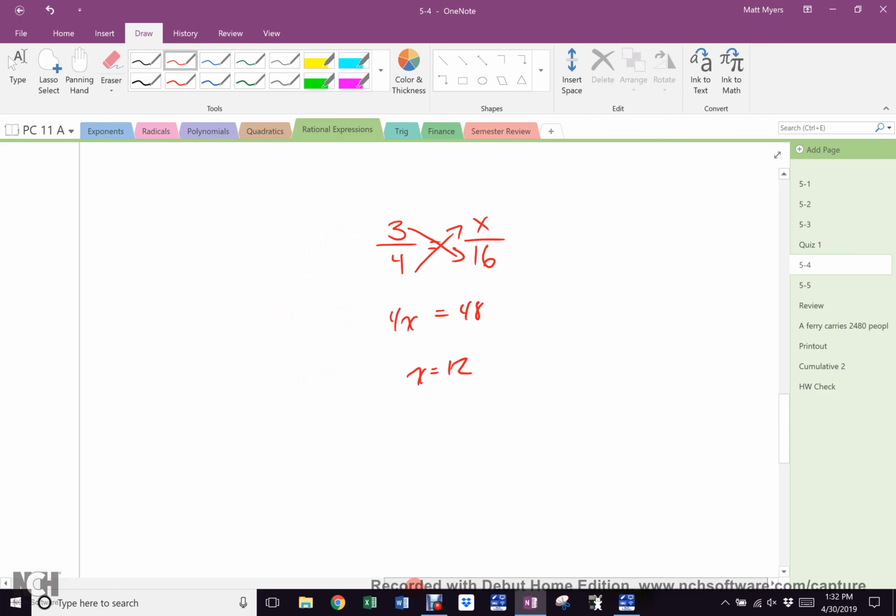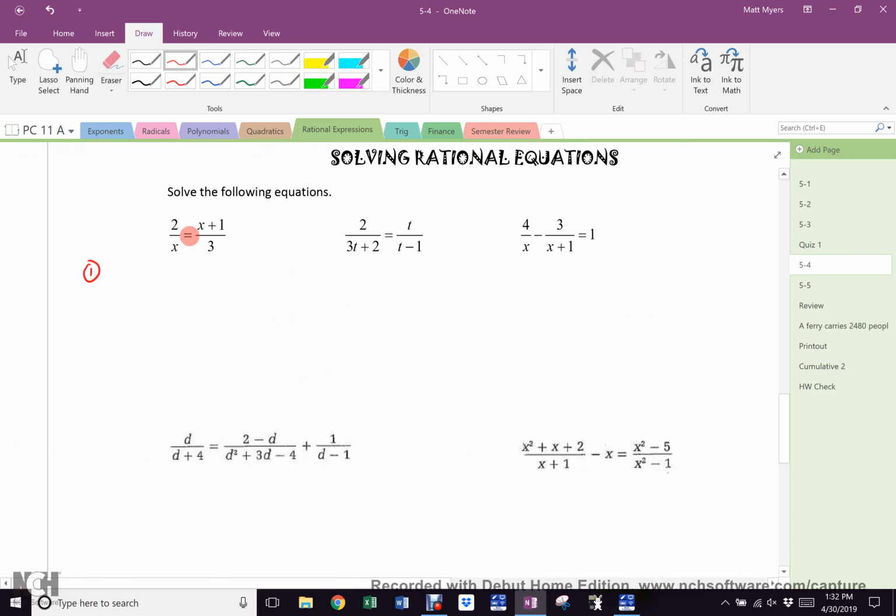Now, what do you have here? Fraction equals fraction. Can you cross multiply? Yes. Could you go through all the 27 steps that we have been going through the last few days? Of course you could. And you have to sometimes. But for this, you do not.